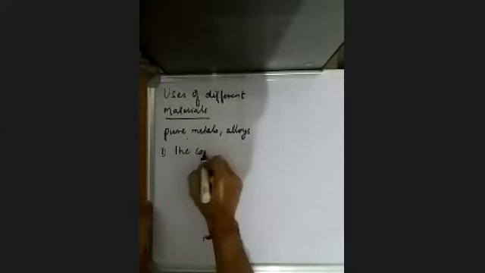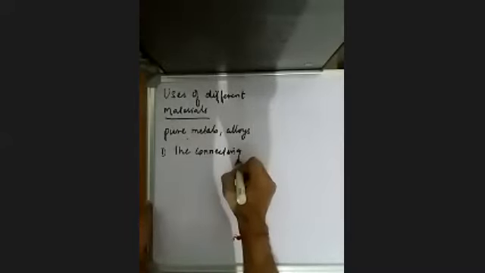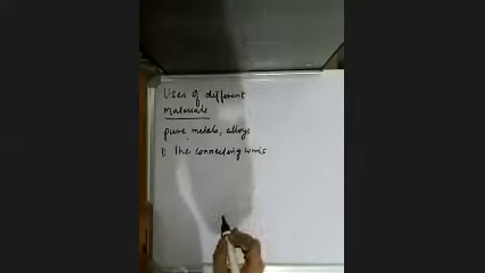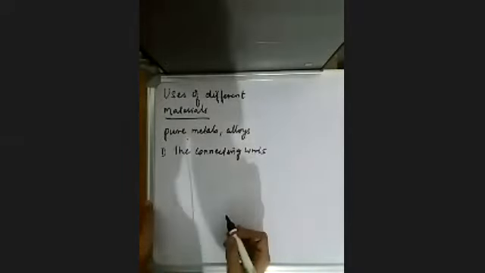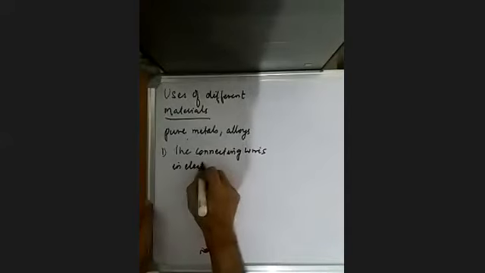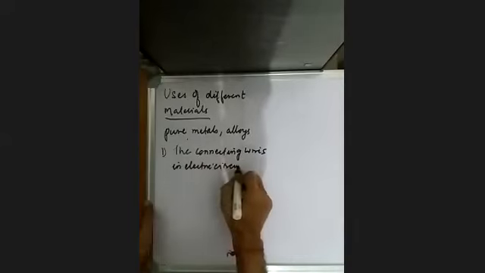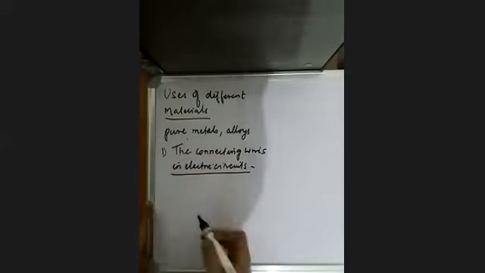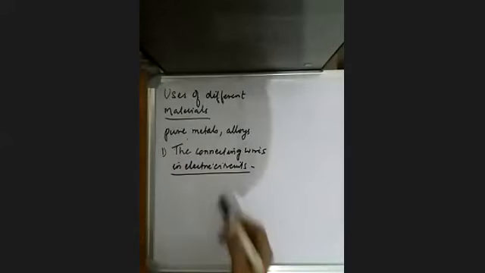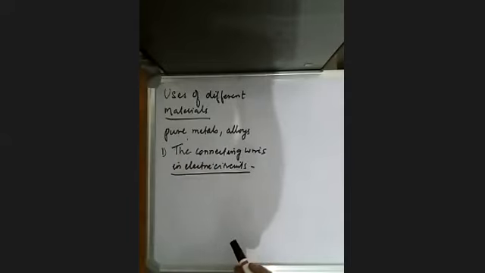What are alloys? Alloys are a mixture of many pure metals. So the first use is connecting wires in electric circuits. We have seen connecting wires at our homes also. All the electric circuits that we come across have connecting wires, and these are generally made up of pure metals.